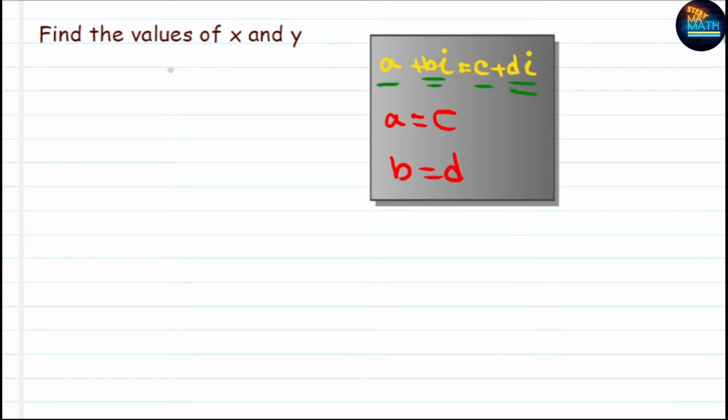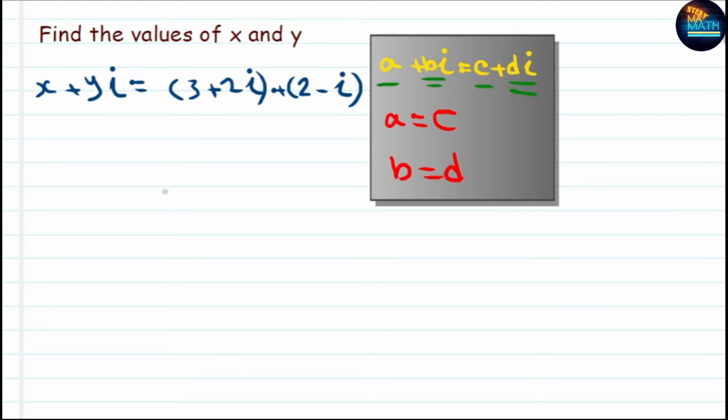Let's take an example. Find the values of x and y. x plus yi is equal to (3 plus 2i) plus (2 minus i). Before making the real parts equal and the imaginary parts equal, let's simplify the side on the right.